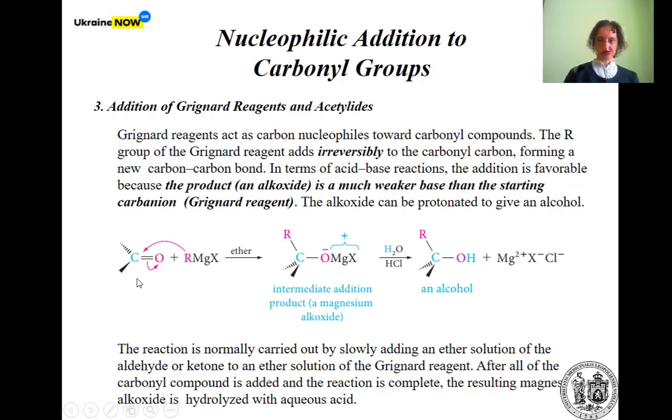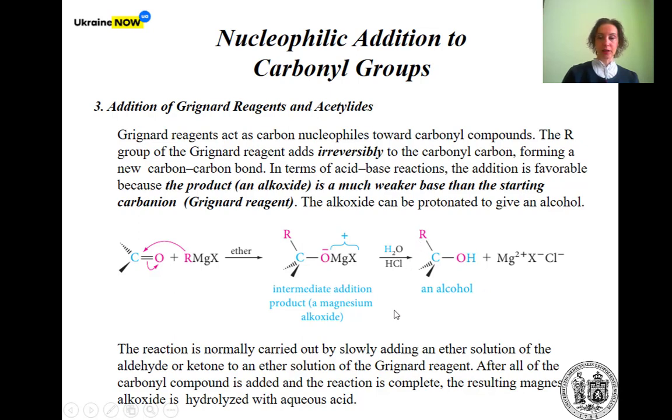First of all, generally, how is the product formed in this reaction? The alkyl or aryl substituent is added to the carbon, and the second part of the molecule, magnesium and the halogen atom, is added to oxygen. We obtain an intermediate that is converted to the alcohol by hydrolysis with hydrochloric acid.